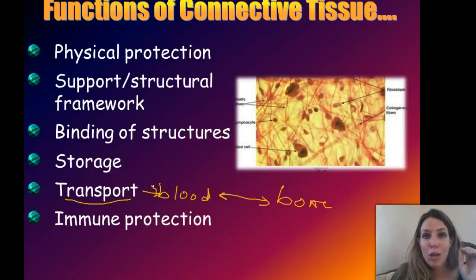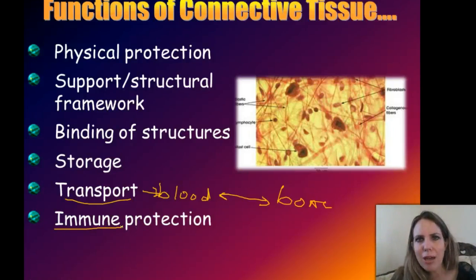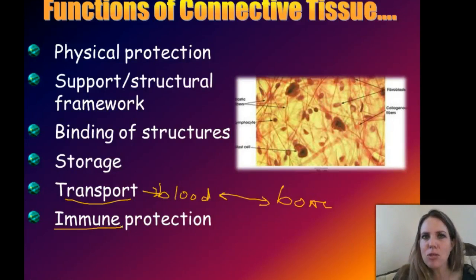You can also say that connective tissue supports an immune function. Immune function, really? Yes, because think about it. Blood also has white blood cells, which are your immune cells, right? It helps to fight off the bad guys that get in there. We already talked about macrophages, chomp, chomp, chomp, eating the bad bacteria and the bad critters that are there. Well, macrophages are often carried through blood, and they like to settle in other types of connective tissue. So indeed, connective tissue can have an immune function.